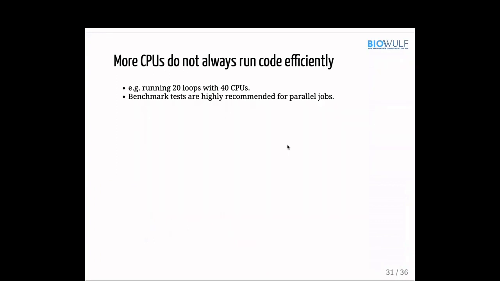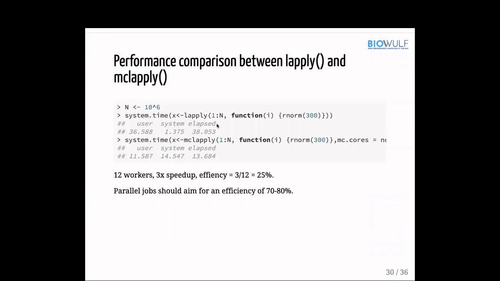Let me give a case here. For example, you run lapply from 1 to n, you just run a function, just calculate the norm number, one by one, sequentially. mclapply will still apply the function to each of the numbers, but distribute it across 12 CPUs, so 12 cores.